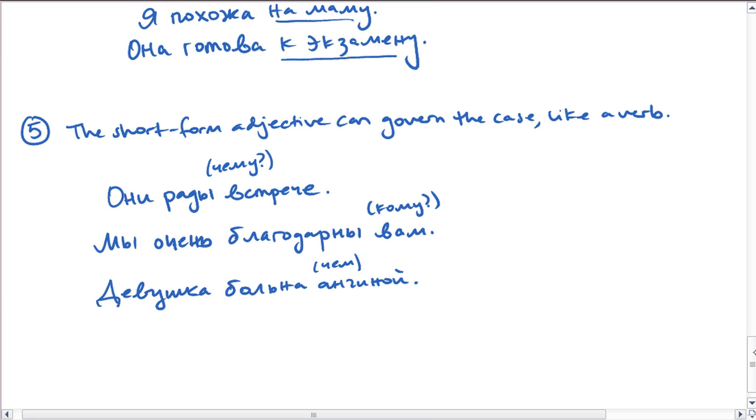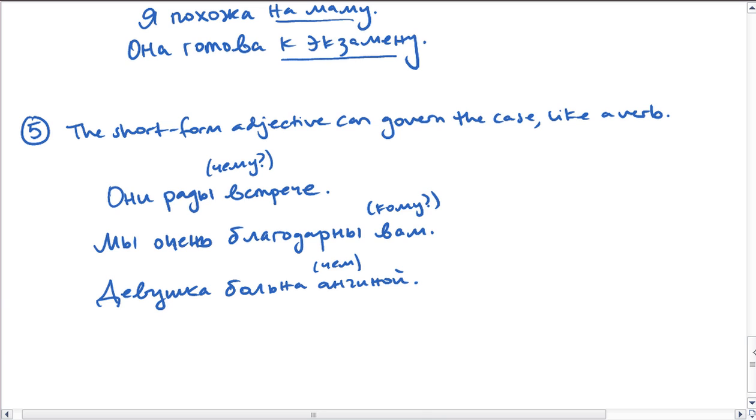So when you are deciding between a short or a long form adjective, there are a couple things that you can keep in mind. If the adjective is going to be in any case other than the nominative case, it's got to be a long form that you choose, not the short form.